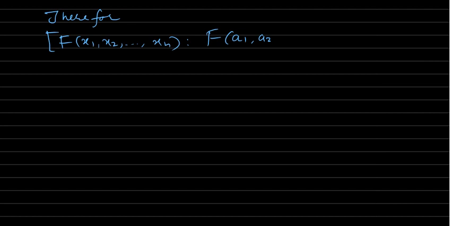Okay, therefore what is this degree over F(a1, a2, ..., an)? This p is a polynomial over this field, and this one is a splitting field of that polynomial.